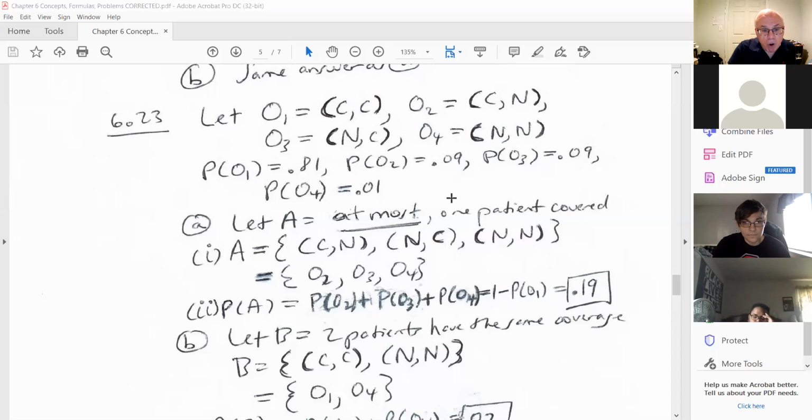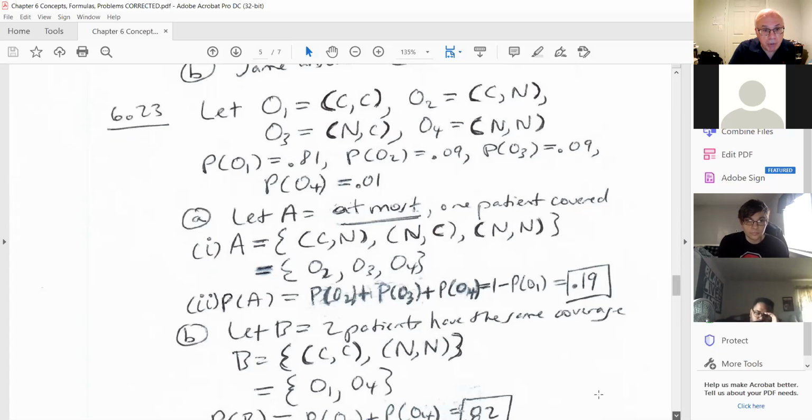So O1 and O4 are outcomes for event B because they both have the same coverage status. And then we add up their probabilities, which is 0.81 plus 0.01, which is 0.82.